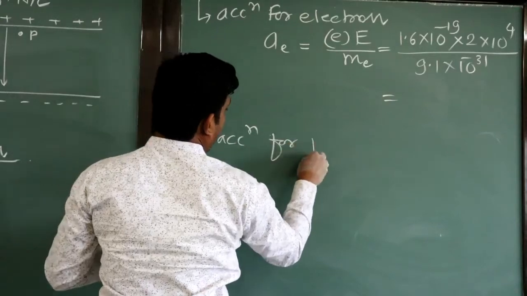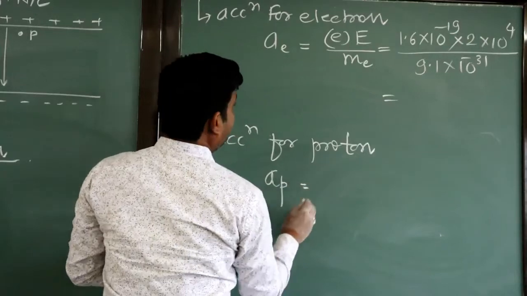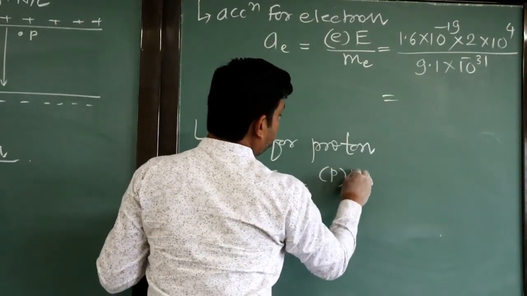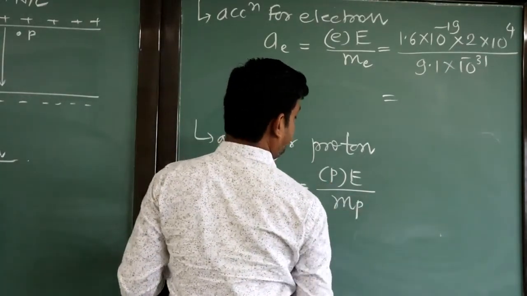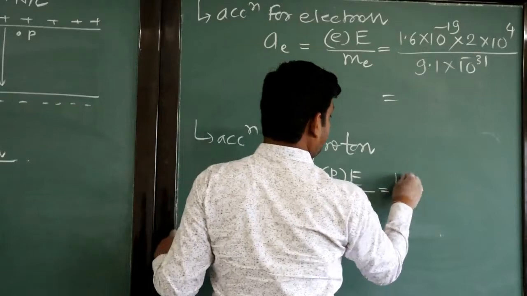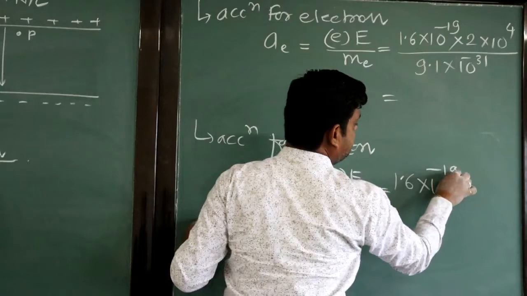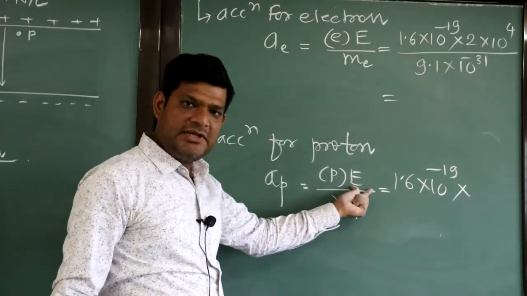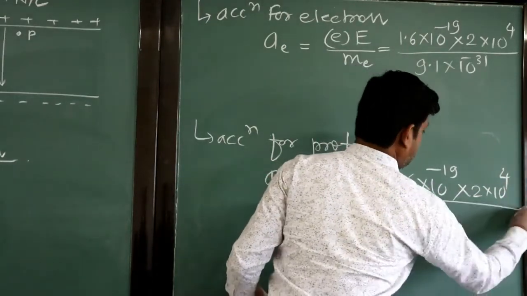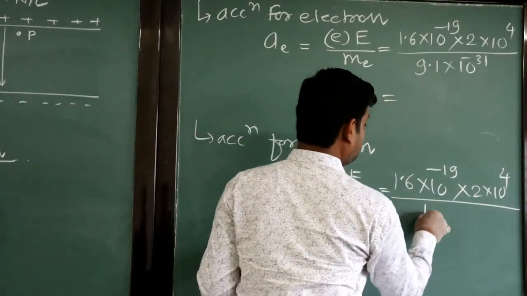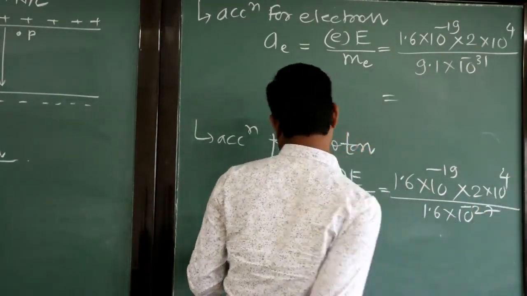Next, the acceleration for the proton. So ap equals p into E, since the charged particle is the proton, divided by the mass of the proton. Again, the magnitude of the charge on the proton is 1.6 × 10^-19, the value of E is given as 2 × 10^4, and the mass of the proton is 1.67 × 10^-27 kg.